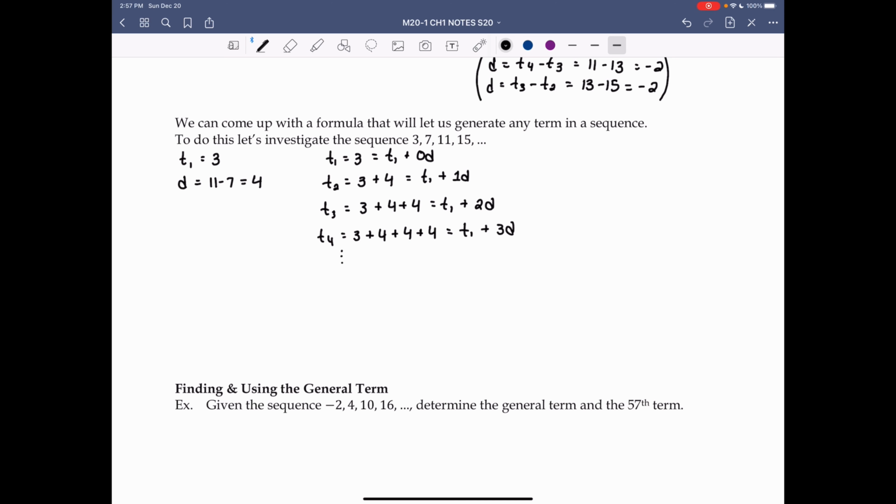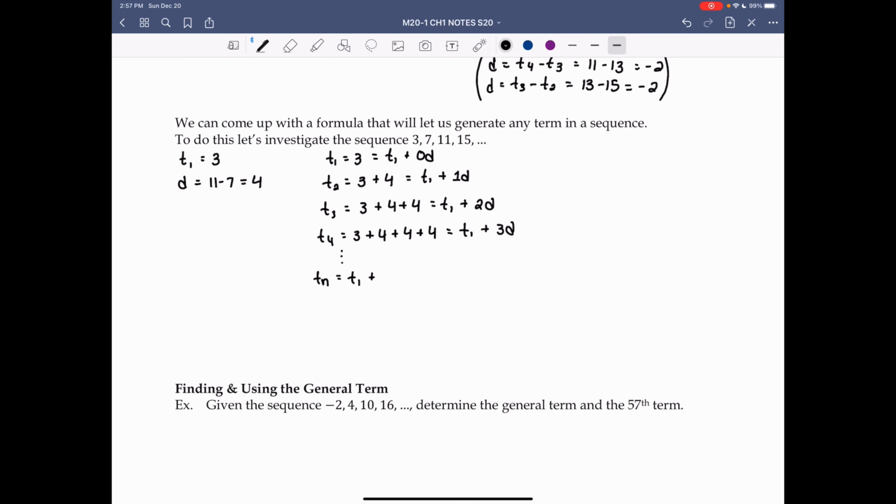so on. So the nth term, Tn, would equal the first term, T1, plus how many times the difference? If we notice, term 4 has 3 times the difference, term 3 has 2 times the difference, term 2 has 1 times the difference, term 1 has 0 times the difference. So it's always 1 less than the term number.